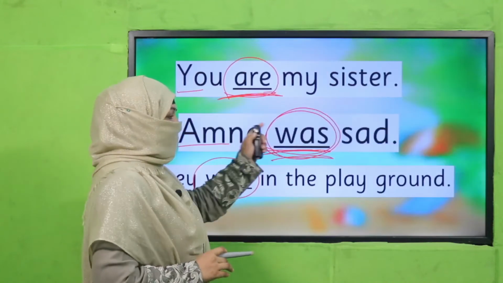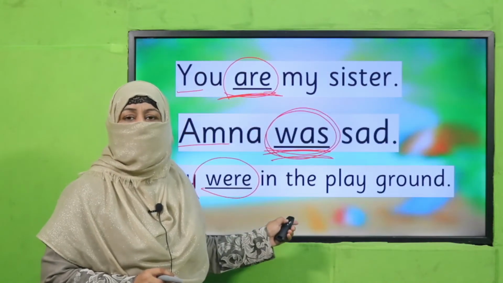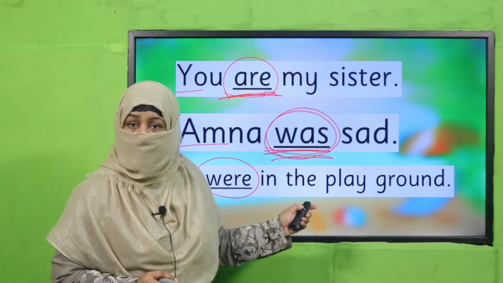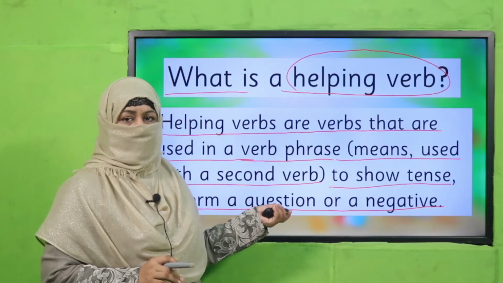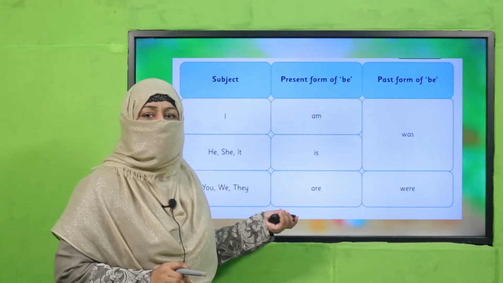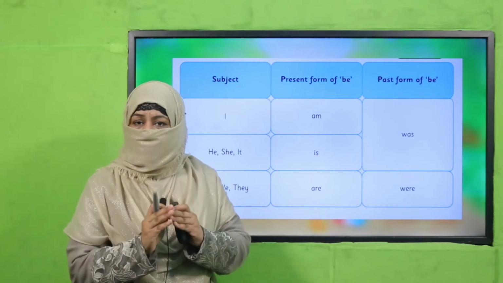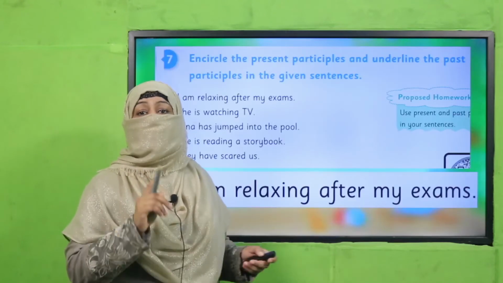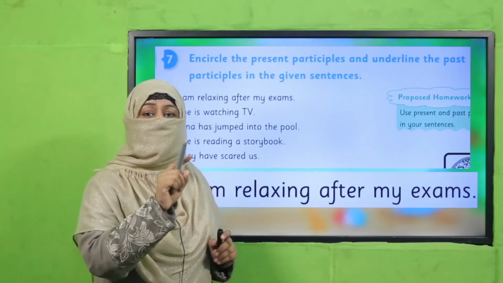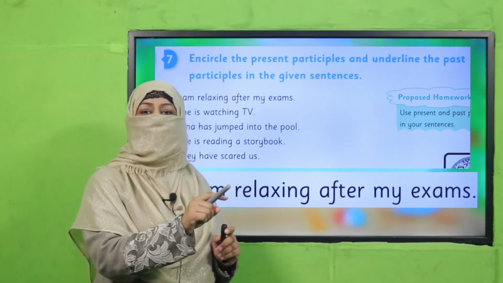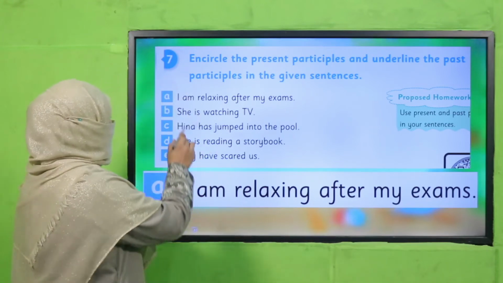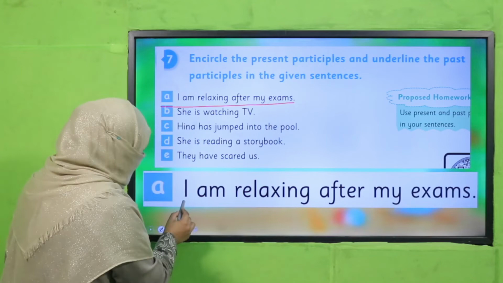And the examples which we discussed here are all where we are using be form as main verb. But when we are talking about an action which is in progress, we use be form of verbs as helping verb. How? Look at this example. This is given in your book.